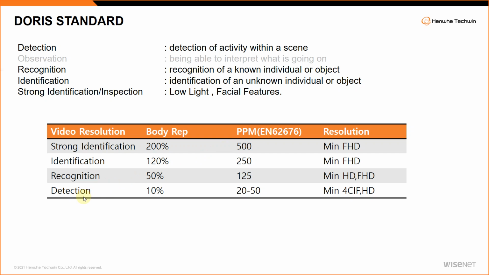How do you make sure your camera has achieved detection? Your camera should get at least 20 pixels per meter. Recognition requires 125 pixels per meter. Similarly, identification is 250.